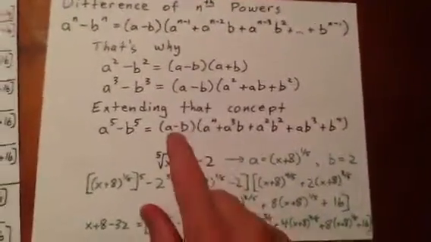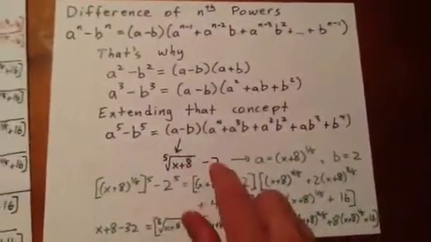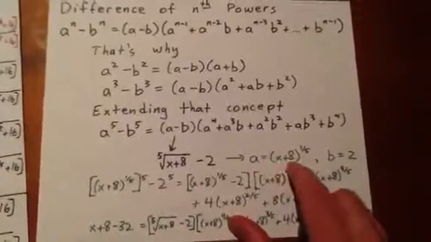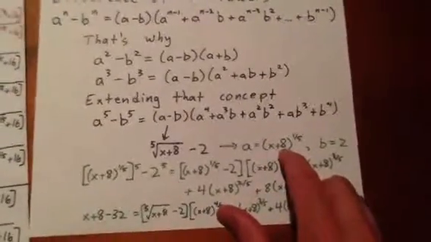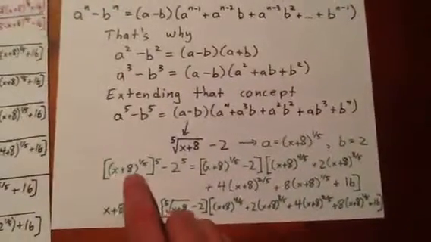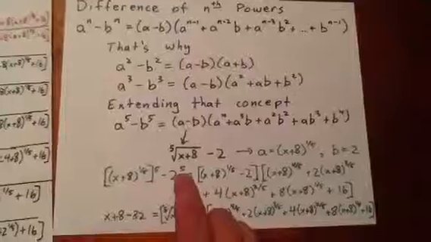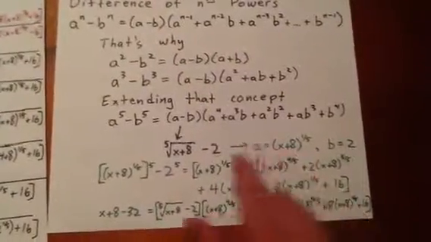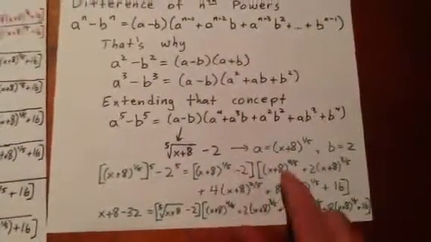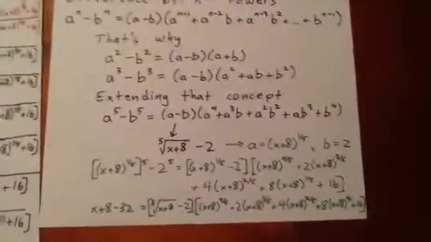Now, letting that first factor of a minus b be the fifth root of x plus 8 minus 2, we see that we're letting a be x plus 8 to the exponent 1/5, and we're letting b be 2. Well then, x plus 8 to the exponent 1/5 to the exponent 5 minus 2 to the 5th will equal this first factor right here times the second factor in a difference of fifth powers.